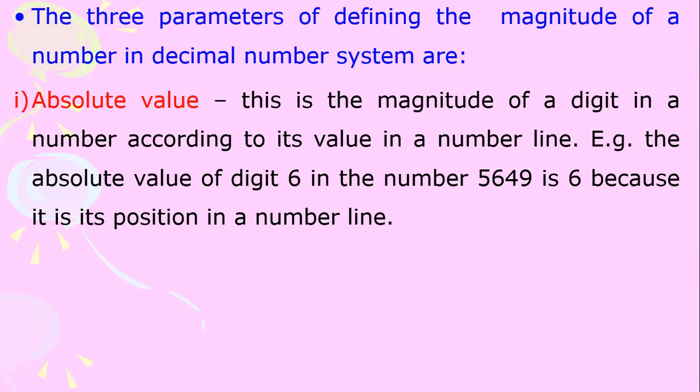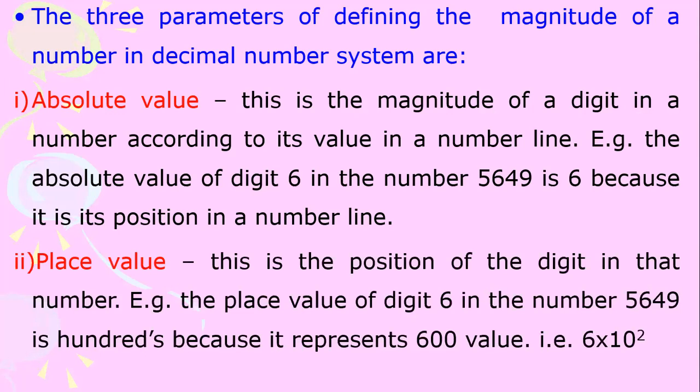So if you have a number line from 0 to 9, then 6 will be the position of digit 6 in the number line. So that is called absolute value.